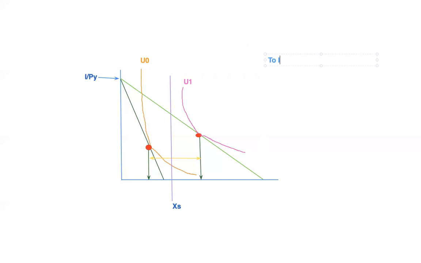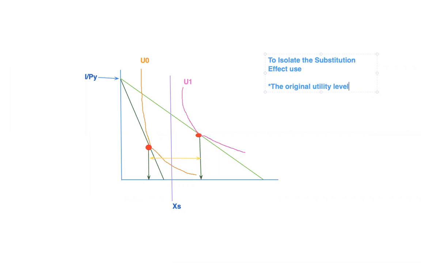So to isolate the substitution effect, use the original utility level.